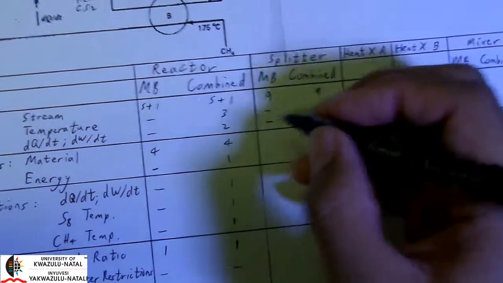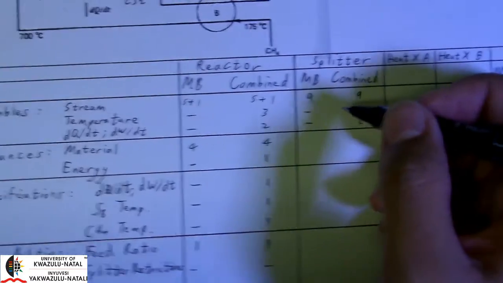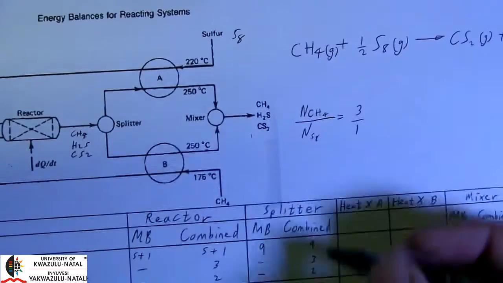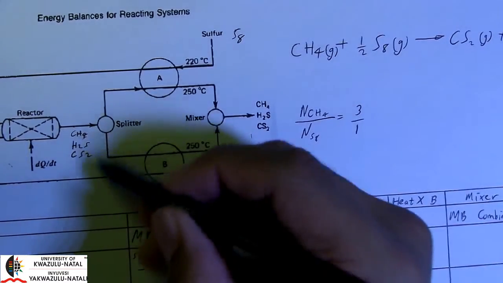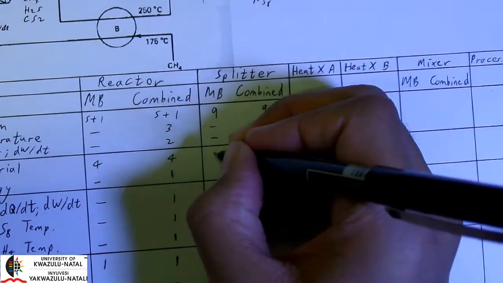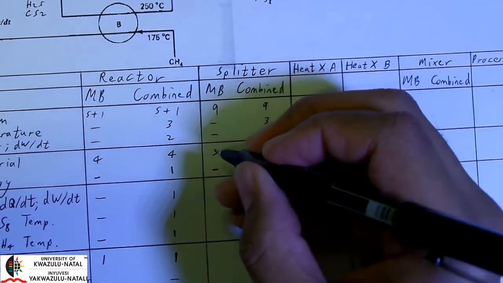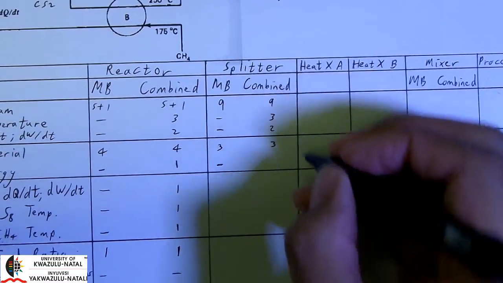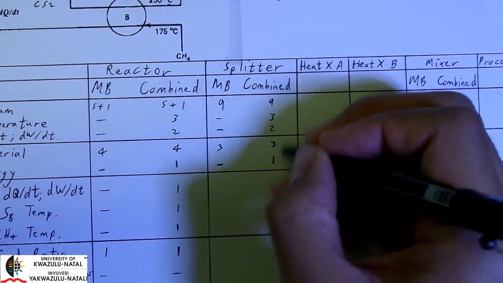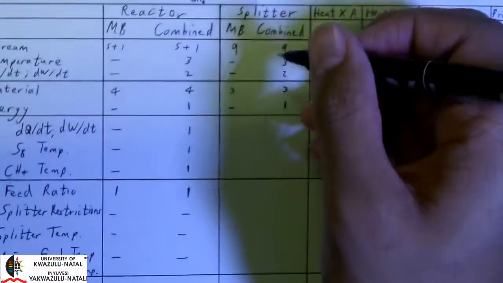Okay, for our material balances, there are a maximum of 3 species, so that will make 3 balances, and that's included in the material balance and the combined, and we have 1 energy balance for the combined case.